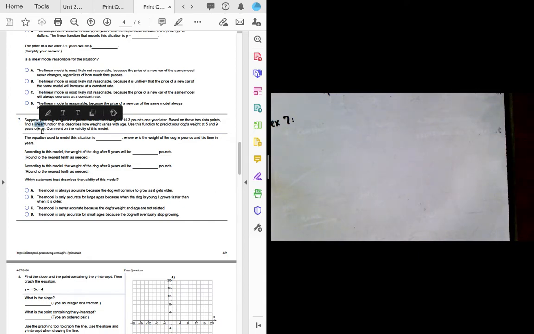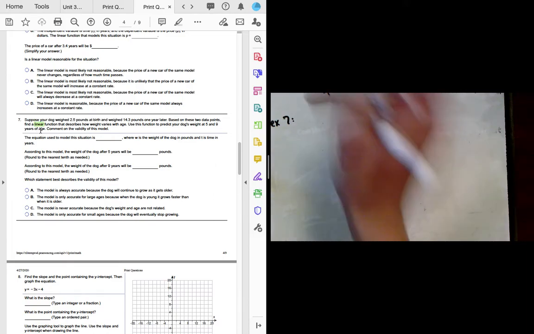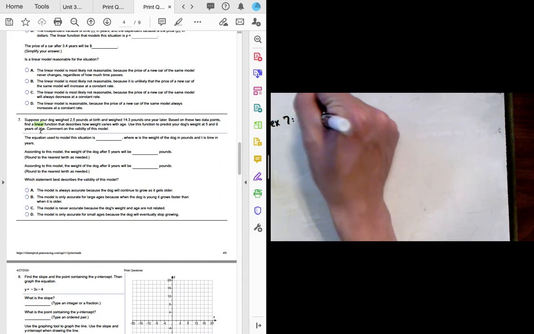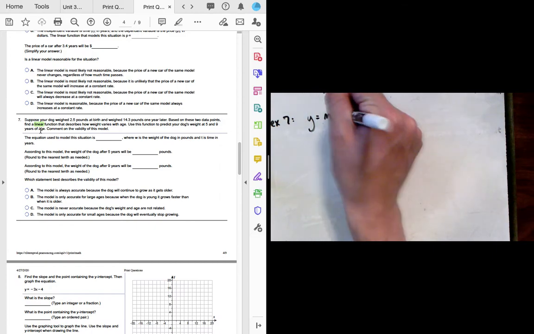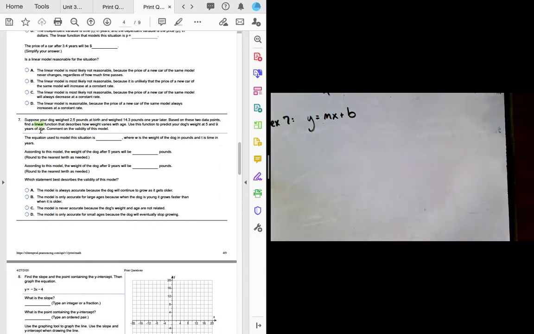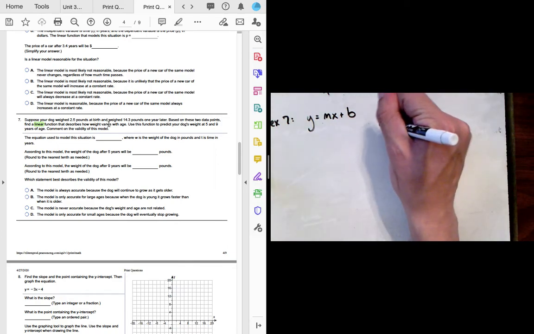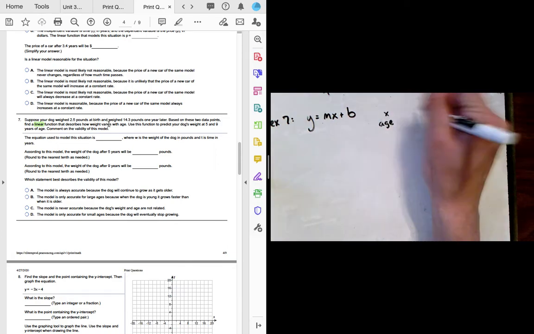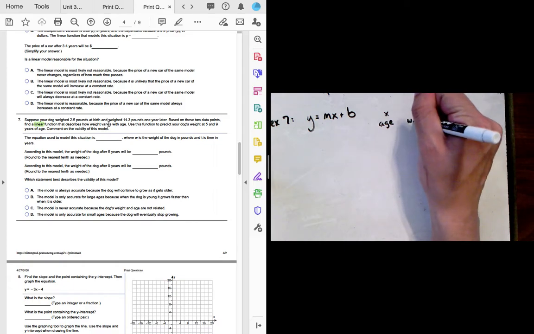So in this problem, they told us specifically, I want to use linear in here. And so right away, I'm going to start out by giving slope-intercept form, y equals mx plus b. And it told us to write a function for how weight varies with age. So our x value is going to be age, and our y value in here is going to be weight for the dog.